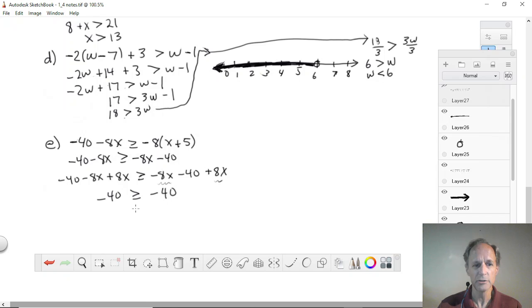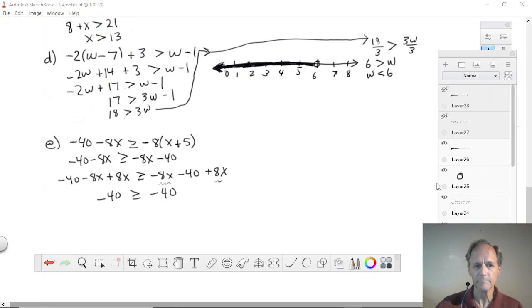It's always true, because it says negative 40 greater than or equal to negative 40. Well, negative 40 is equal to negative 40, so it is greater than or equal. So the answer is all real numbers, which we can write like that. This is always true, so any value of x we choose, this is going to be true.